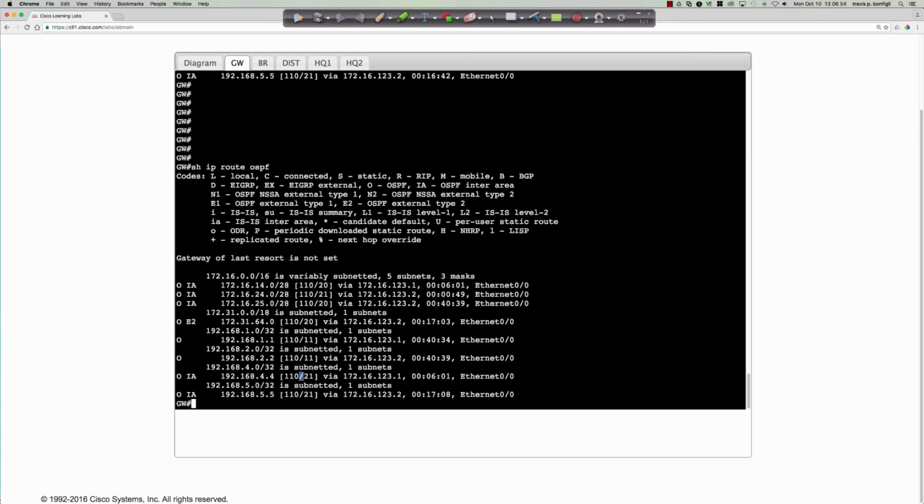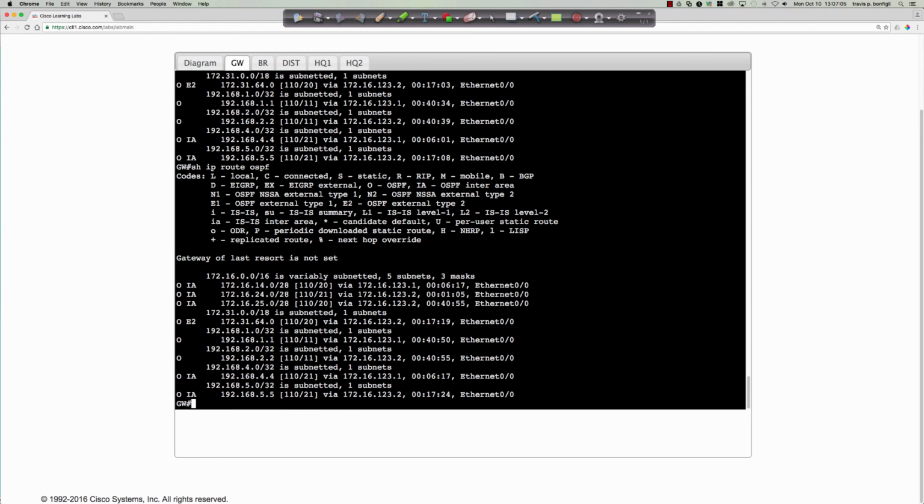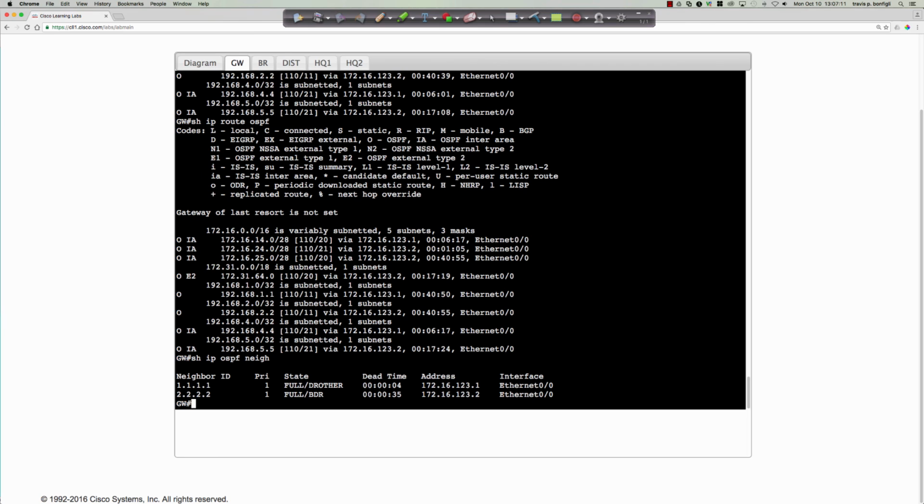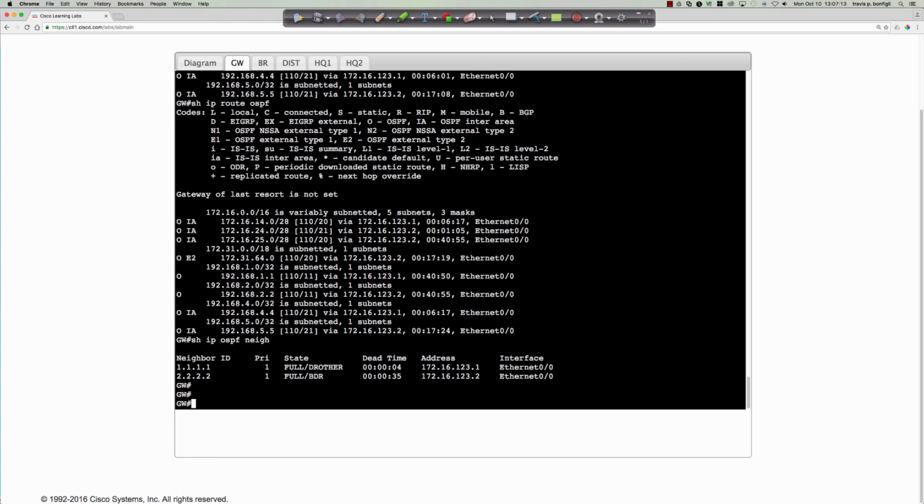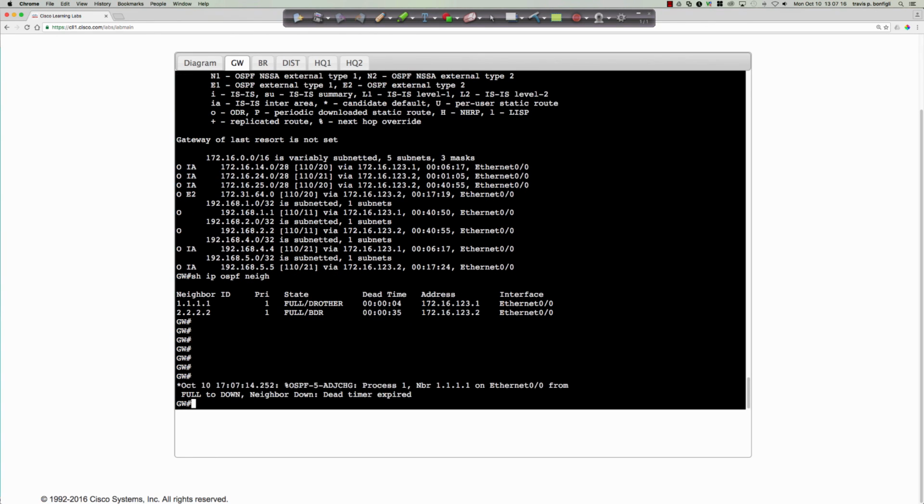But what we should see is my path to get to the 192.168.44 now is going to be going through 172.16.123.2, HQ2. And again, we're still hanging on to that show IP OSPF neighbor. 4 seconds to go here. 3, 2, 1. We should see, there we go.